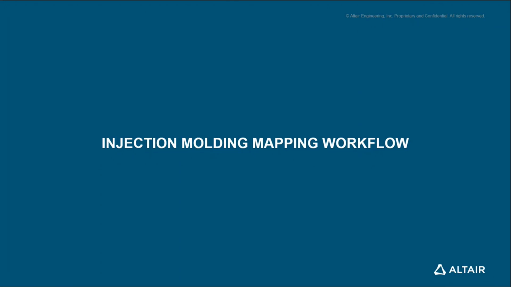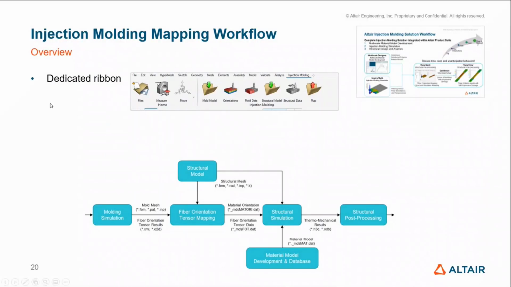Yeah, that was the first part on the Composite Stress Toolbox. Now we're looking into the injection molding mapping workflow. And for that one, there is actually a dedicated ribbon. So when you have your HyperWorks 2022.2, you will find the injection molding ribbon available in the view.